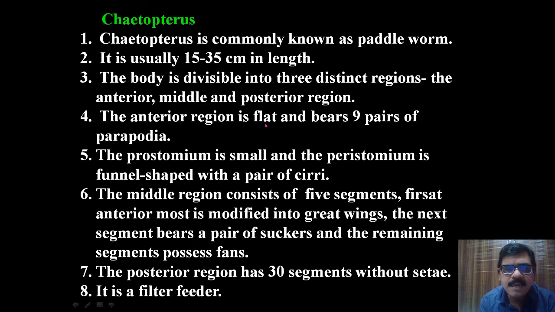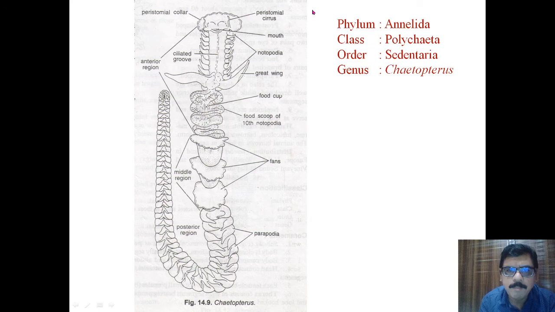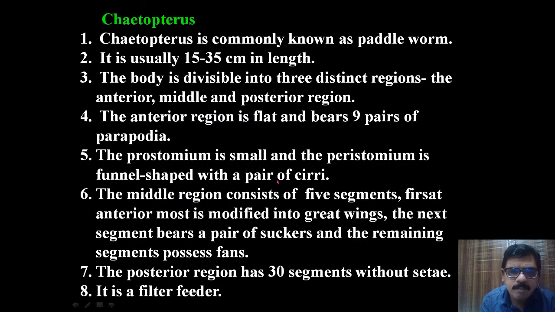The anterior region is flat and bears 9 pairs of parapodia. How many parapodia does this anterior region bear? 9 pairs of parapodia. The prostomium is small and the peristomium is funnel shaped with a pair of cirri.